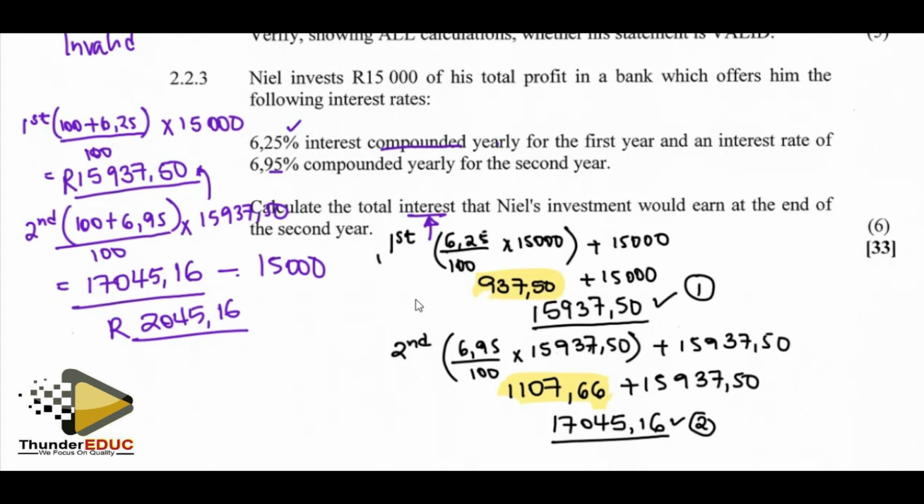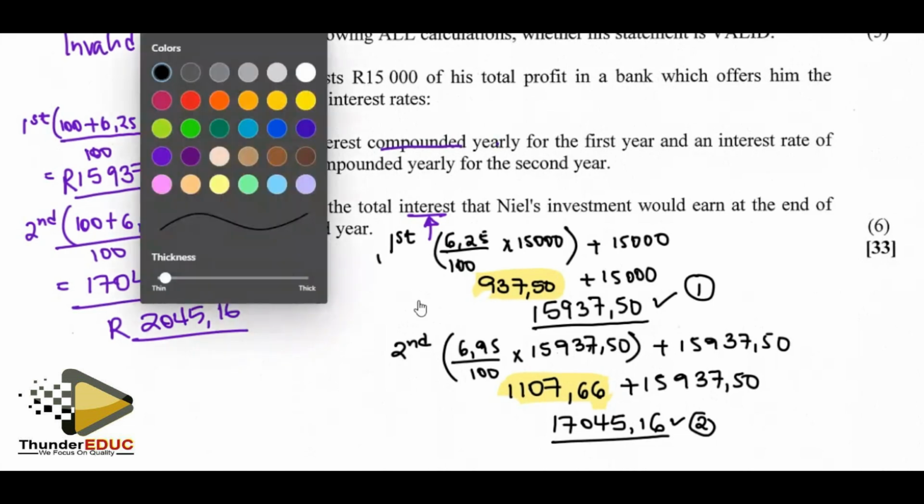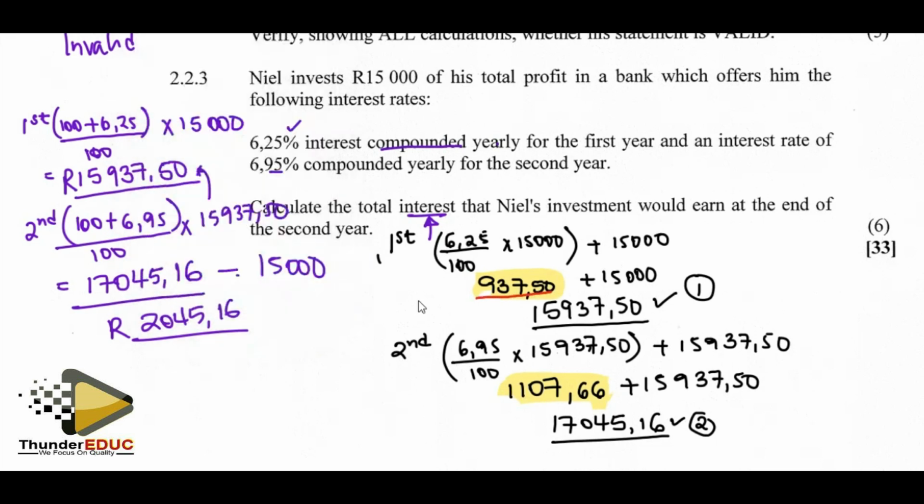So what we're going to do, so interest will be 937.5 plus 1107.66.